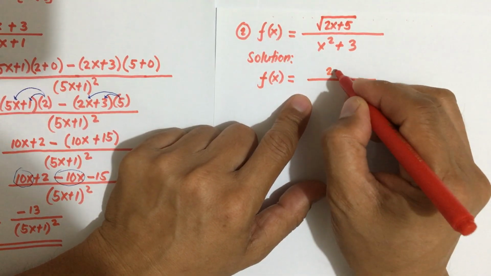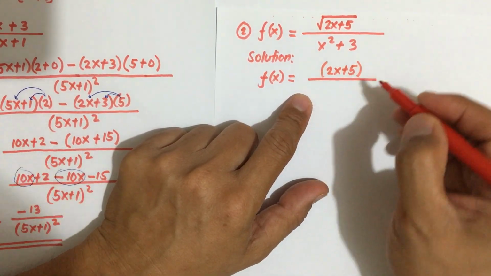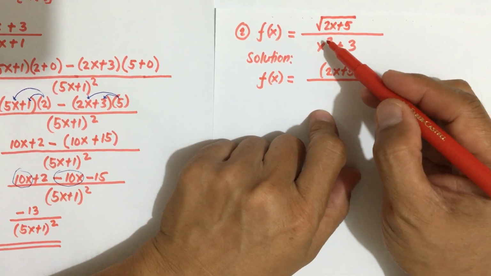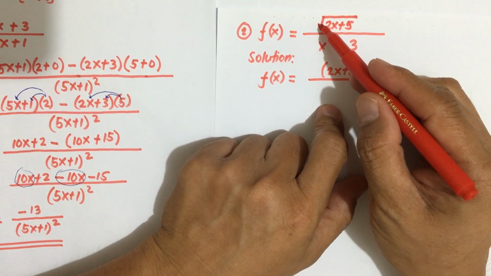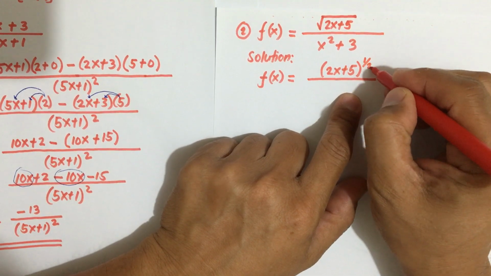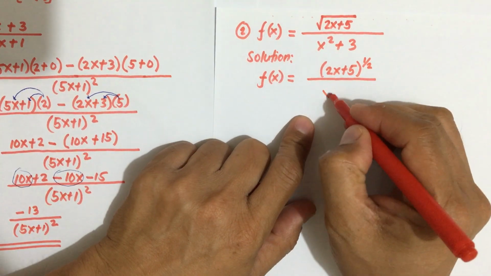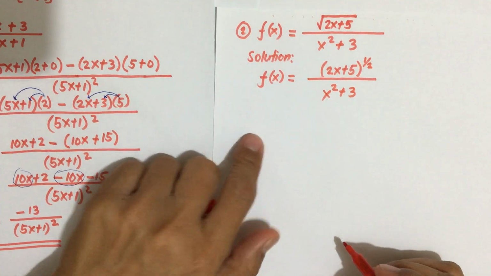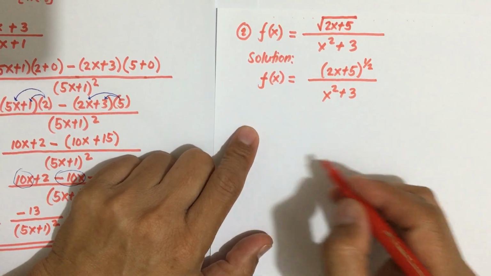So 2x plus 5, then raised to a power. The radical is a square root, so it means that the index here is 2. So that is equivalent to a rational exponent of 1/2. So raised to a power 1/2, then divided by x squared plus 3. And that's the time that we're going to do the differentiation.